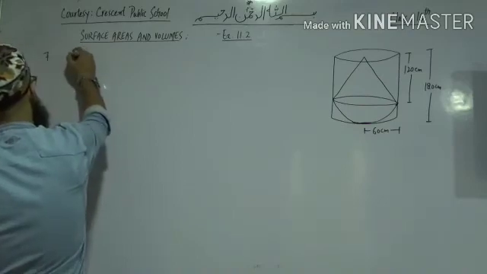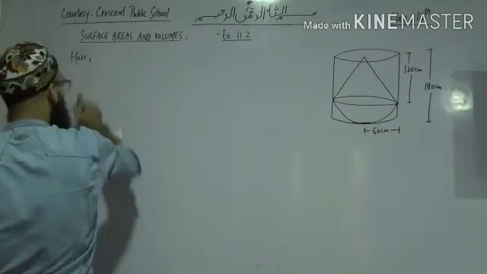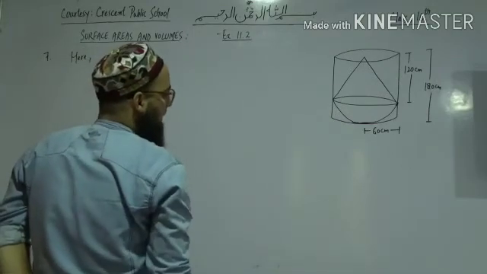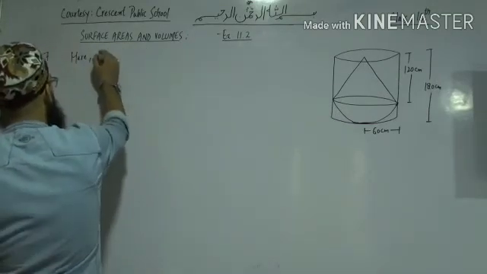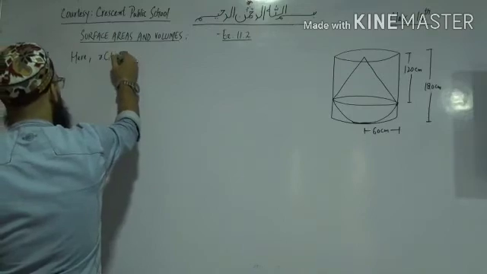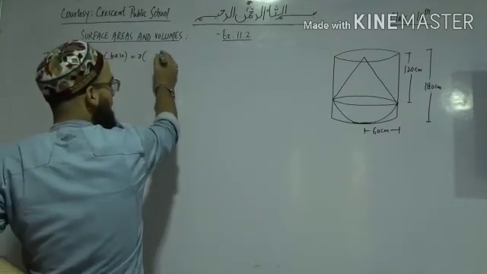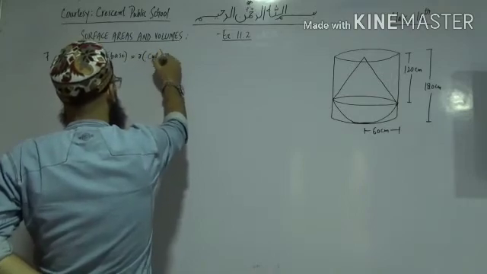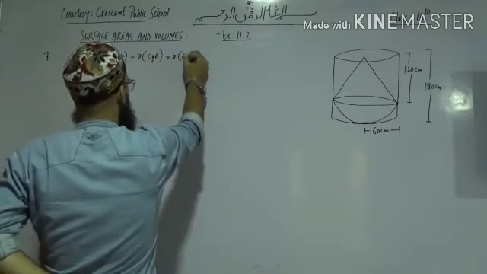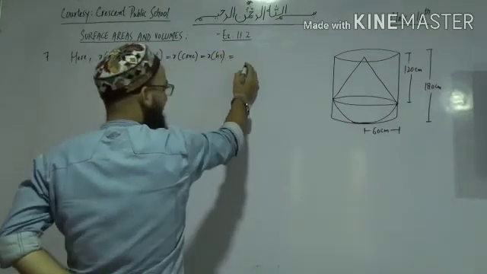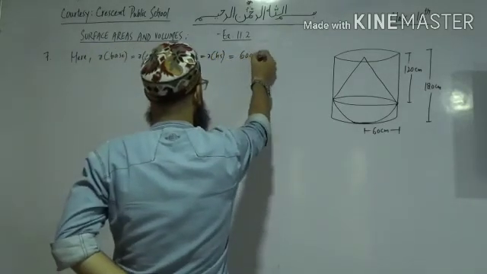So you go like this here. Radius of base is equal to radius of cylinder is equal to radius of cone is equal to radius of hemisphere, and that is equal to 60 centimeter.